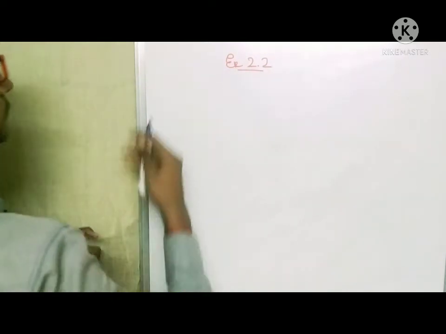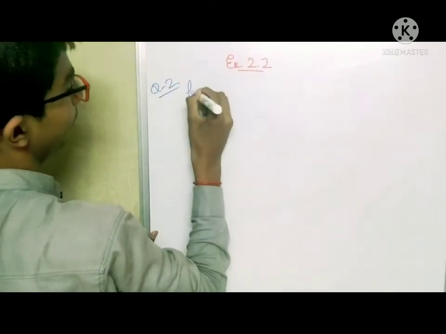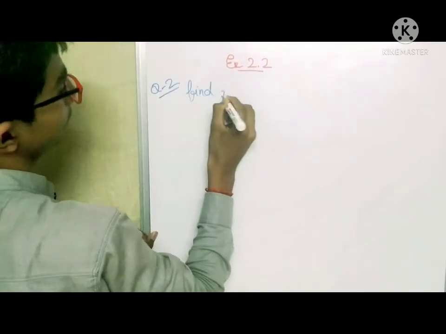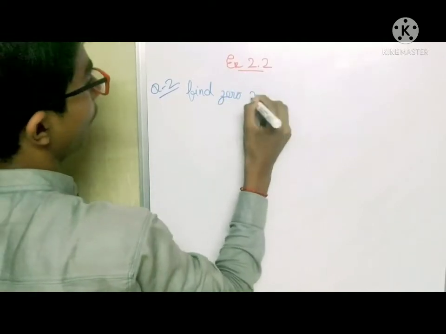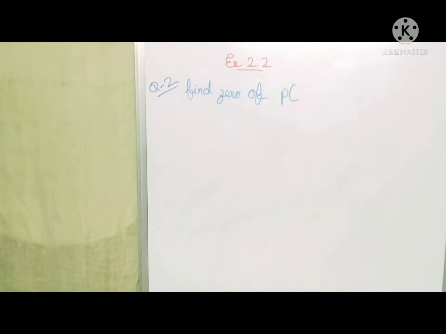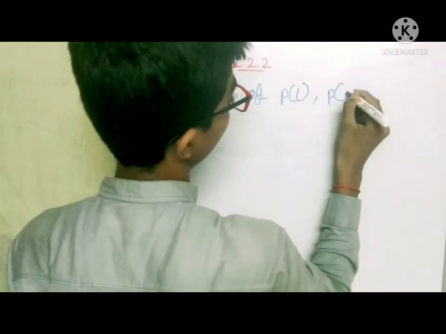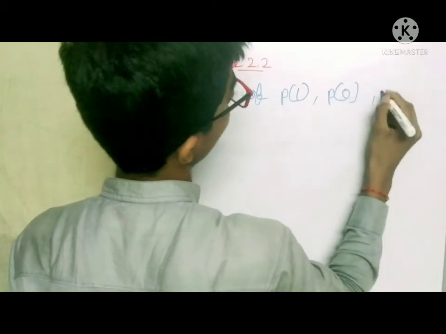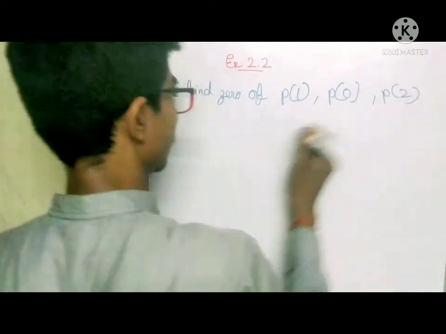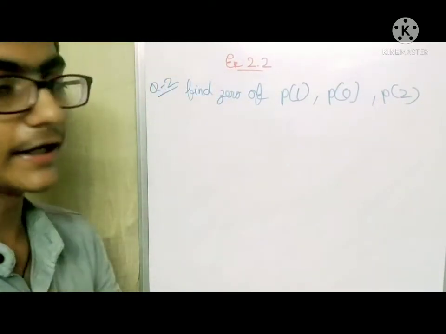Question number 2 is: we have to find p of 1, p of 0 and p of 2. So these are the values which we have to find.